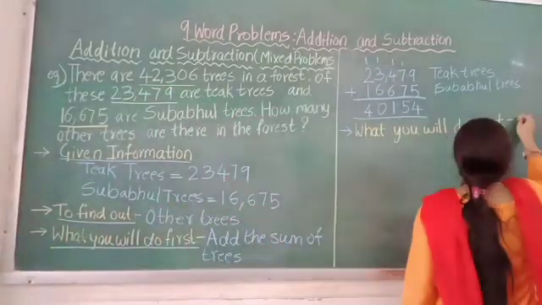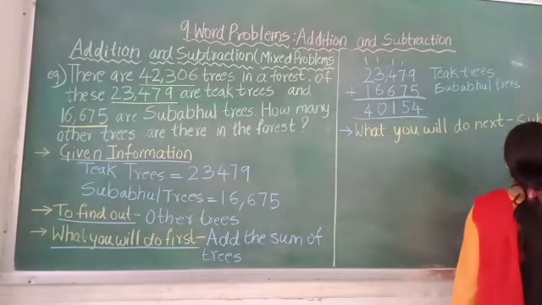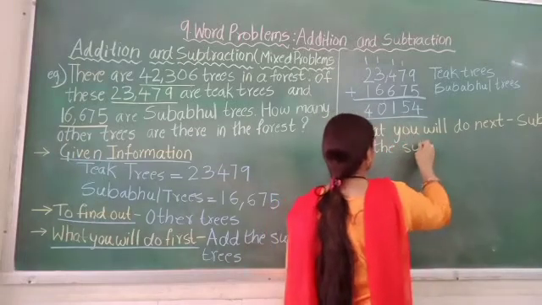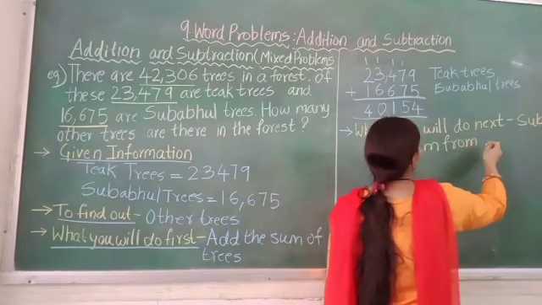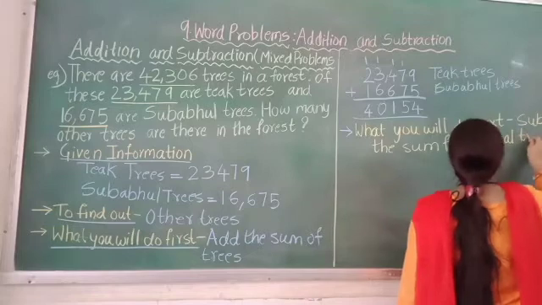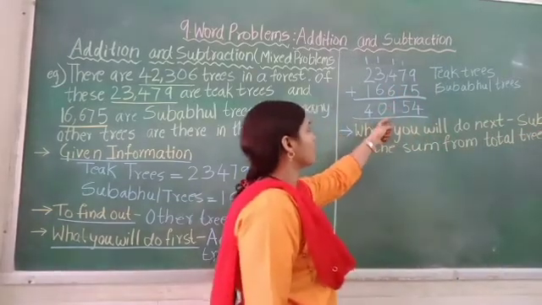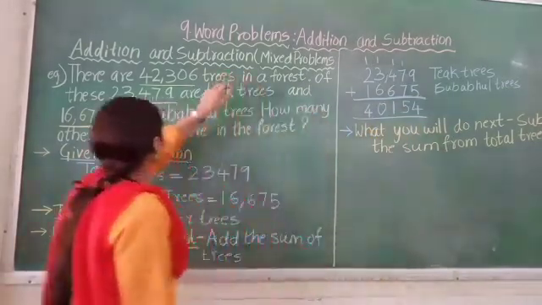So here we will write: subtract the sum from total trees. After adding both the trees, we will subtract that sum from the total number of trees.